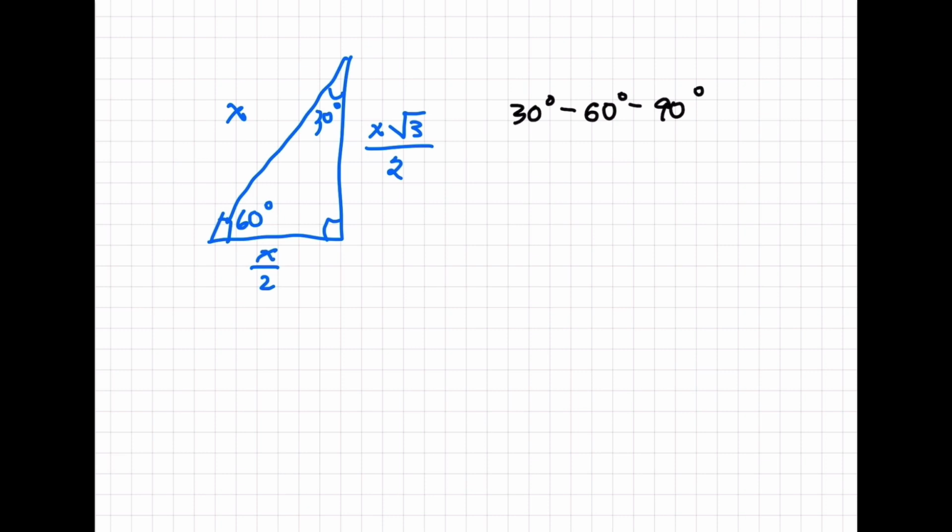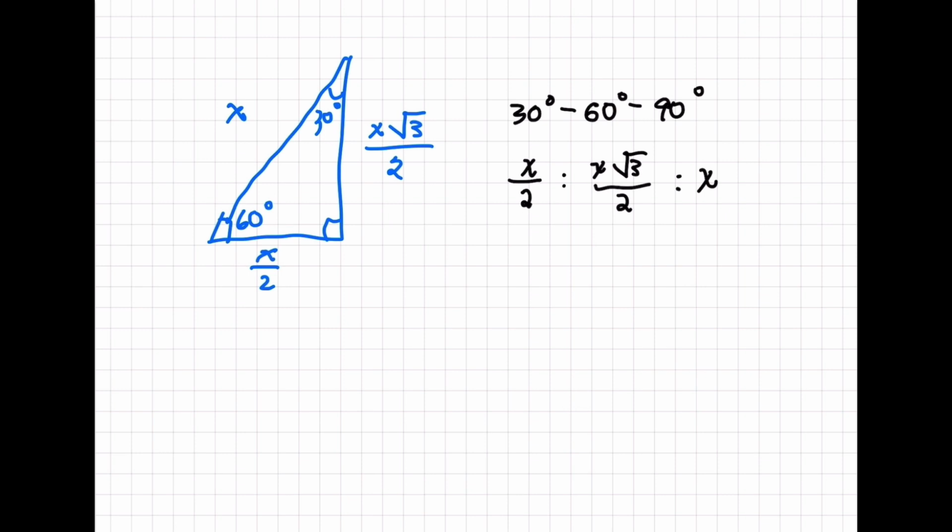So 30 degrees corresponds to the one opposite it. That's x over 2. Then my 60 degrees corresponds to x square root of 3 over 2. And then finally, the longest side, opposite 90 degrees, is x.